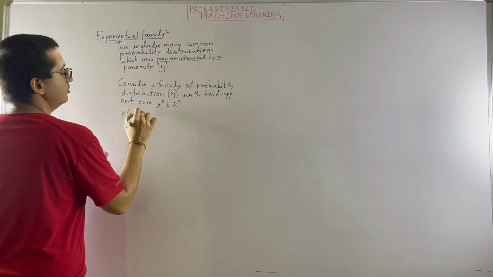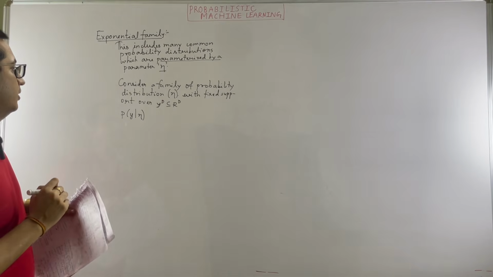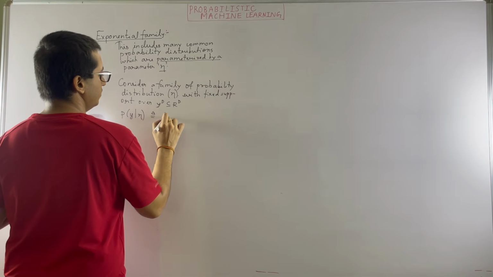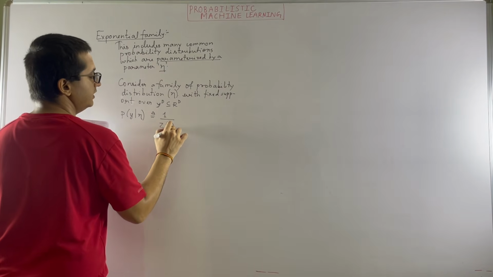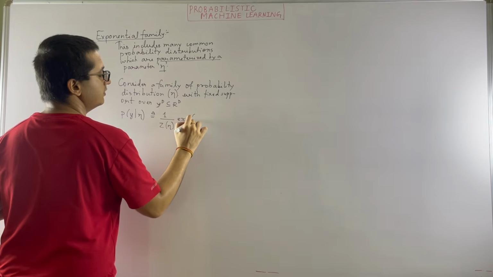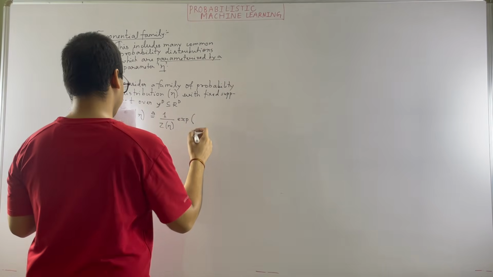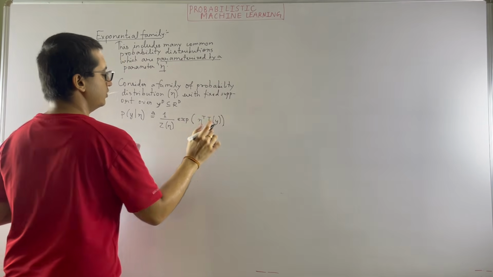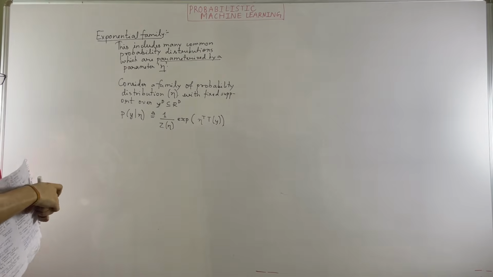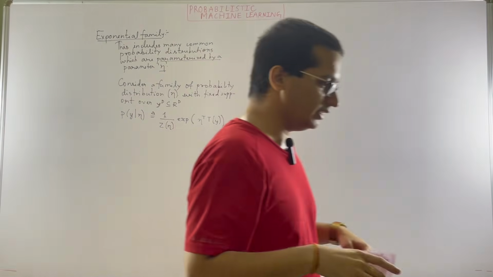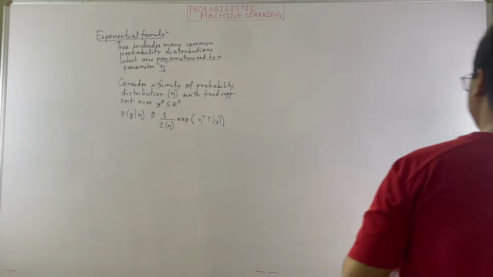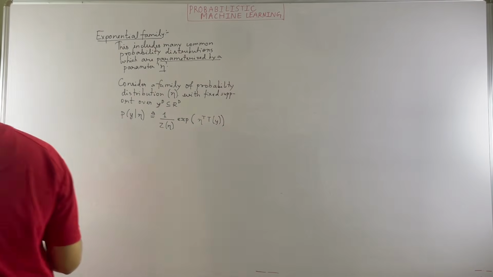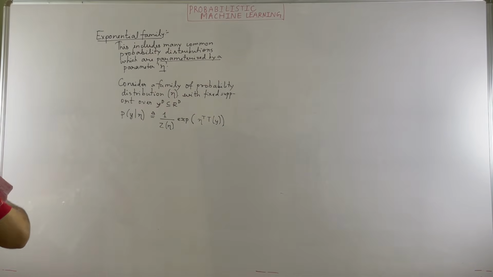So the distribution of the output y parameterized by eta can be written as 1 by z of eta exponential, and then you basically have eta transpose t of y. We will define all these terms: this z of eta, eta, and t of y, what these terms are. We'll come to all of that.